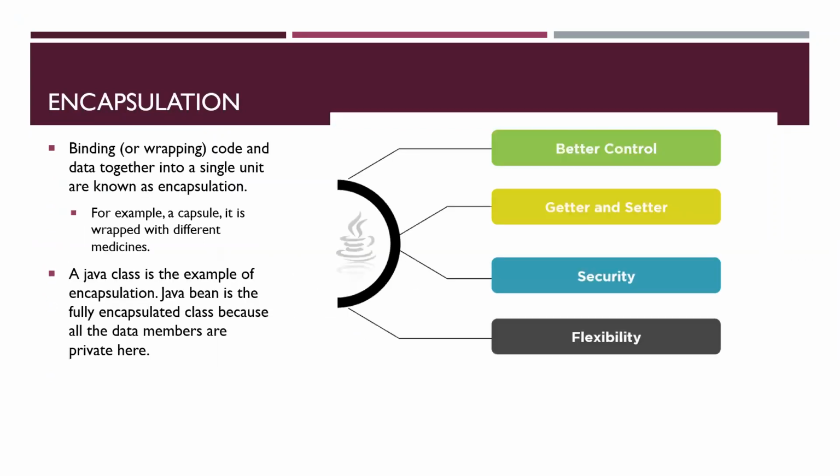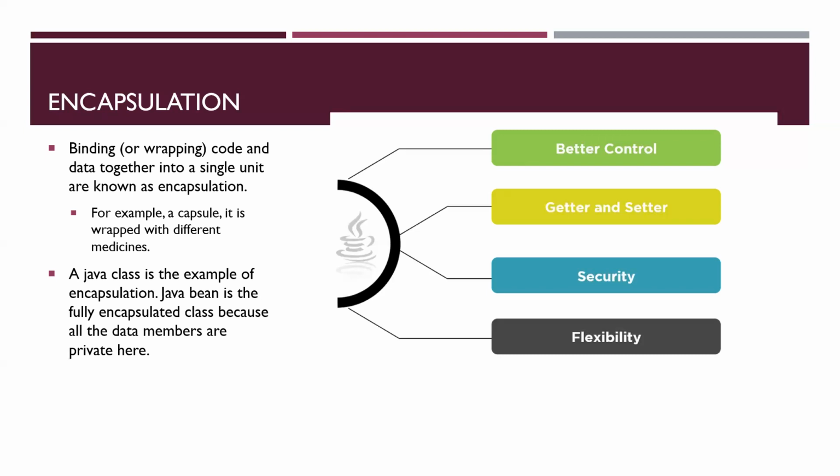Polymorphism we discussed yesterday, and we are going to discuss the last concept in OOPS, that is encapsulation. Binding or wrapping code and data together into a single unit is called encapsulation. Take a small capsule tablet.